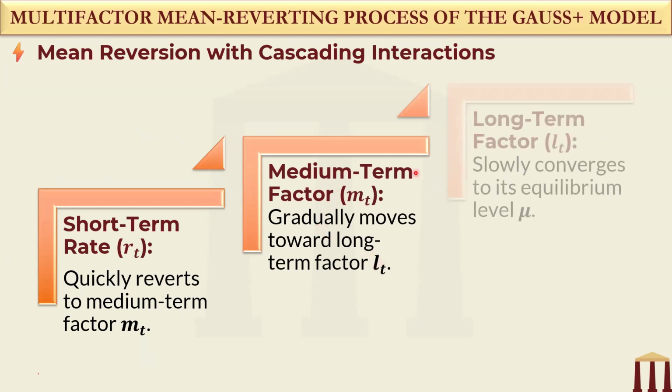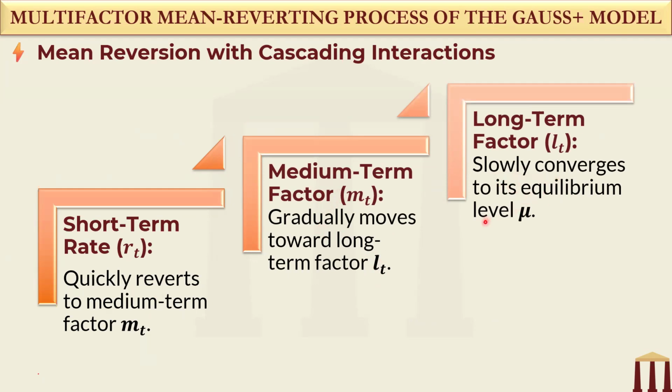And the long-term factor reverts quite slowly to its equilibrium level mu. So in simple terms, it's like a domino effect. Short-term rates quickly adjust to medium-term expectations, and then medium-term rates slowly align with the long-term trends, and of course, the long-term factor aligns even more slowly towards the equilibrium value.